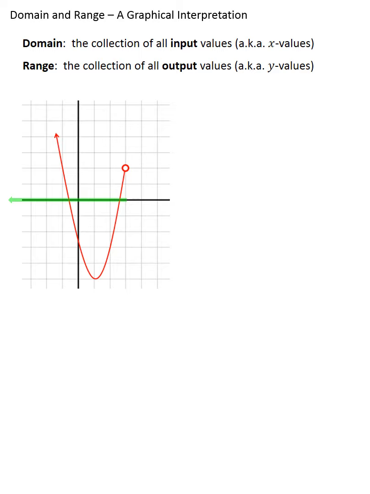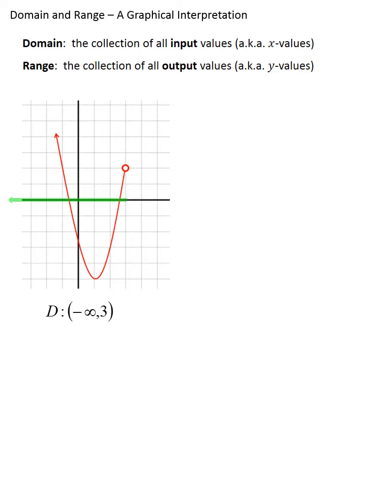In other words, there's a point on this graph whose x value is 2.999, but there is no point, because of the open circle, on this graph whose x value is 3. And therefore the domain is all numbers from -infinity through 3.